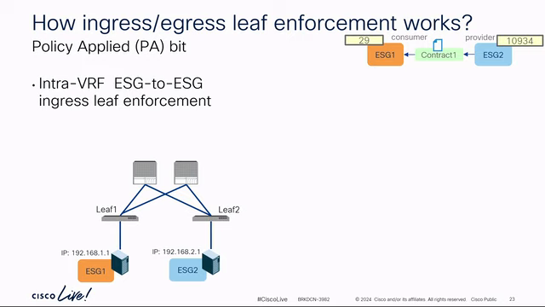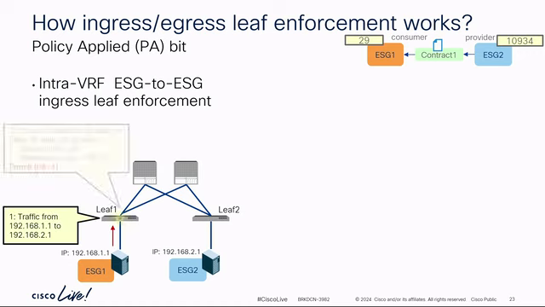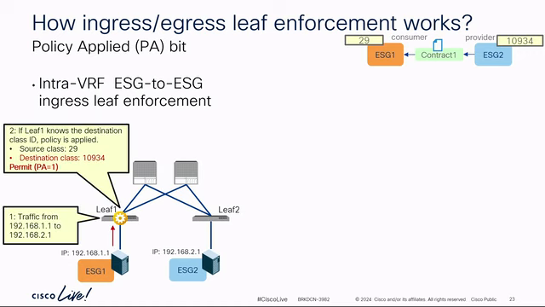We have a policy applied bit in the VXLAN header to indicate whether policy was already applied or not. Intra-VRF, EPG to EPG contract: if the ingress leaf knows the destination already, then the ingress leaf applies policy.